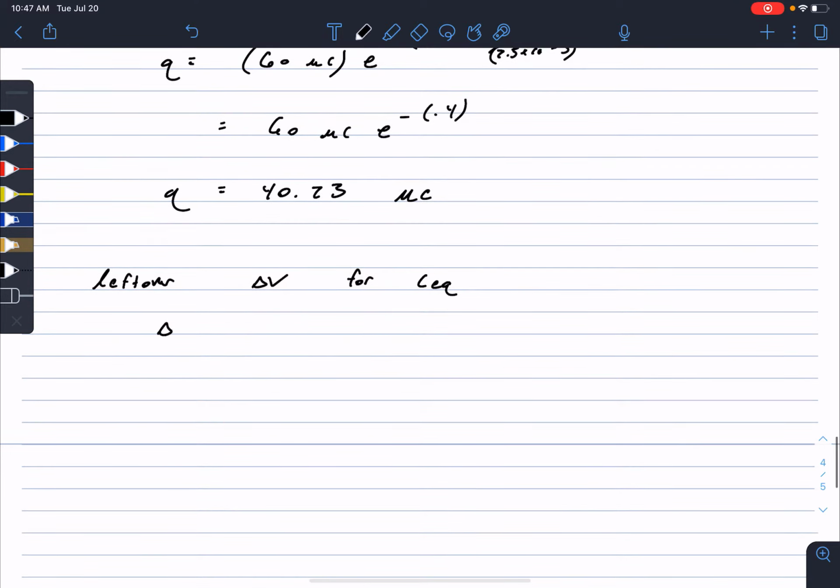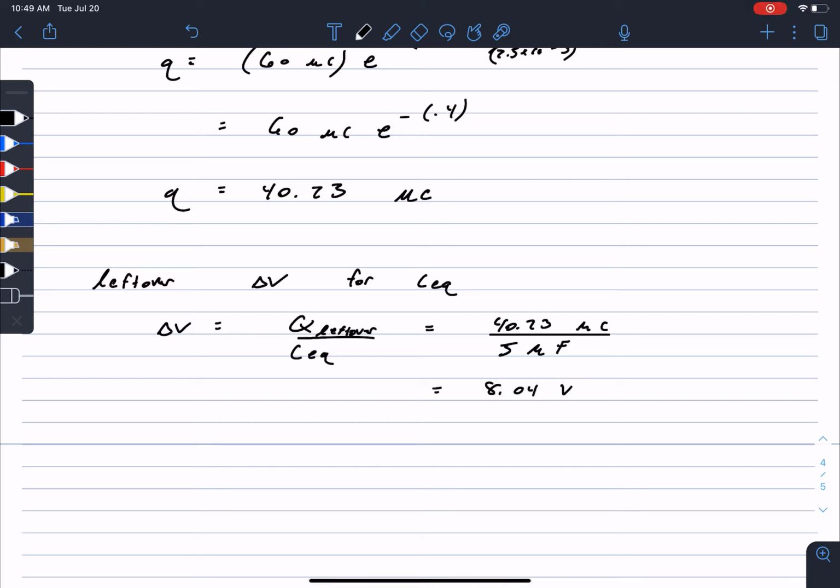That's going to help us determine what we need to know. So this is Q leftover, what we just found. Q leftover over C equivalent is 40.23 microcoulombs over 5 microfarads, and that's going to be 8.04 volts. So we were at 12, now we're at 8.04.